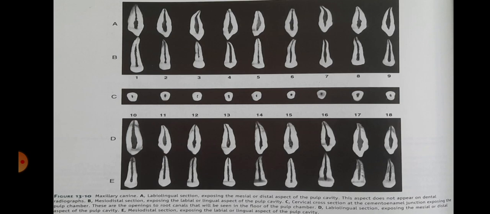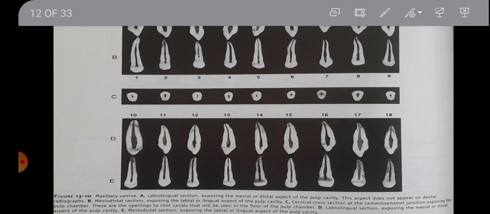The pulp chamber and incisal third or half of the root canal may be very wide, showing a very abrupt constriction of the root canal in the apical region. You can see this in figure 13.10 A 4, 5, 6 and 8 and D 16, 17 and 18.